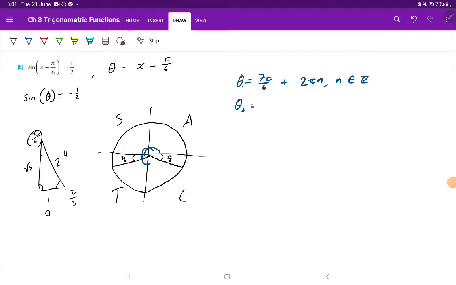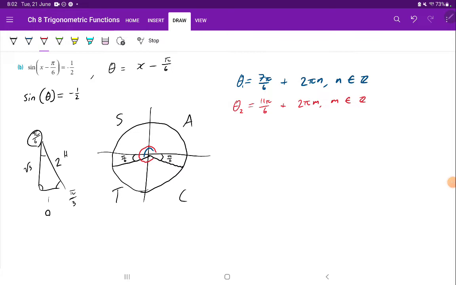Oh, let me change colors. Theta 2 is going to be equal to 11 pi on 6 plus 2 pi m for m in the integers. Remember, when I say integers, integers means whole numbers. So -2, -1, 0, 1, 2, 3, 4, 5.